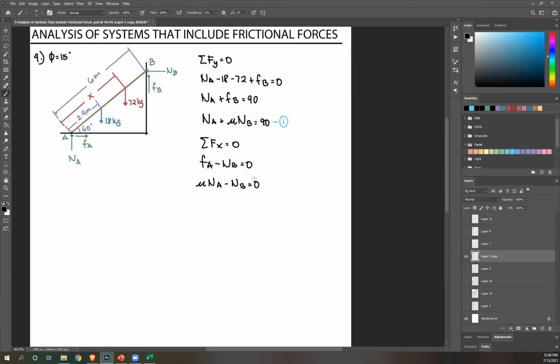So now the next question is, what is mu? Well, we're given phi. So to solve for mu, we'll just use the equation mu equals tangent phi. So what's mu? If phi is 15, what's the answer?